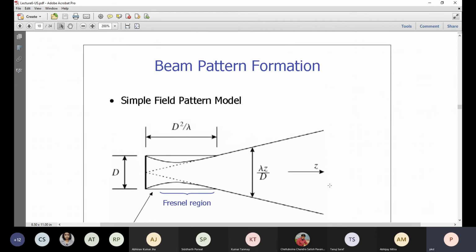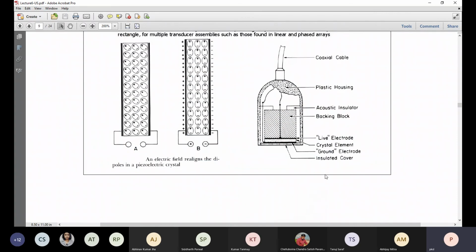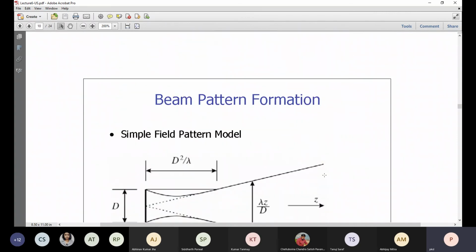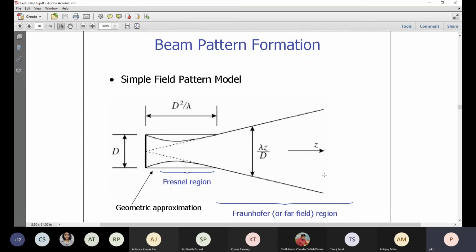There is another important thing that we have to discuss. When we model the ultrasound generation as a point source, then of course it will go in 3D as a spherical wave.